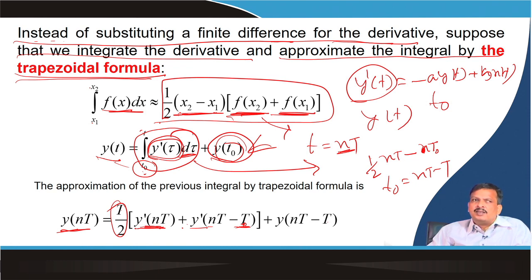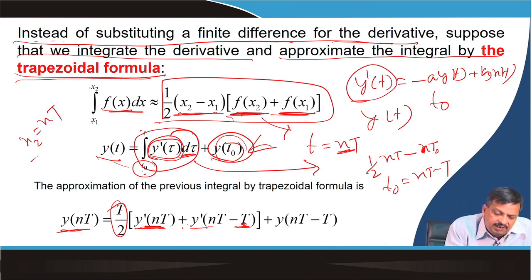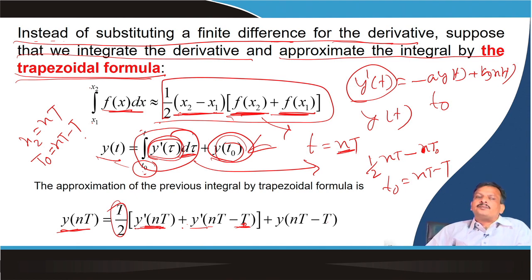Okay. Is it clear? So in this case my x2 is equal to nT and my x1 is equal to nT minus T. Okay. So x2 minus x1 will give me the T. So that is why T by 2 into f of x2 plus f of x1.